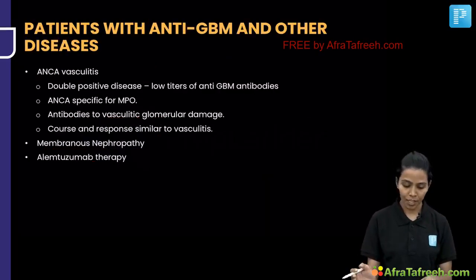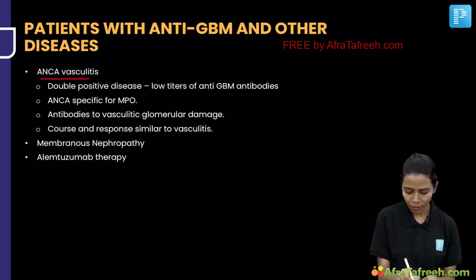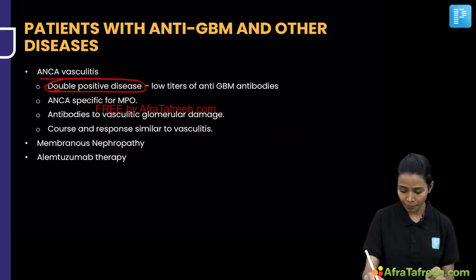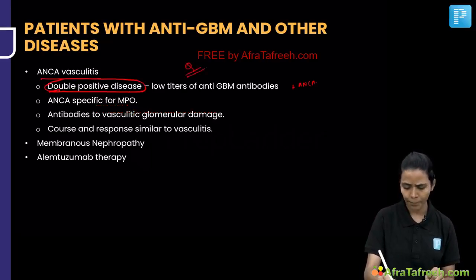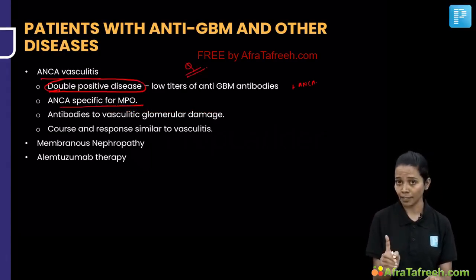Now, patients with anti-GBM and other diseases. Okay, so there is an important condition called double positive disease when patient has both anti-GBM and ANCA. Okay, so this has been asked as a question multiple times. Okay, so here ANCA will be specific for only MPO, that is not PR3 ANCA.